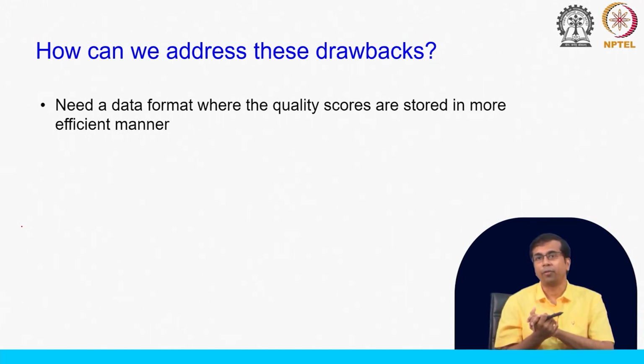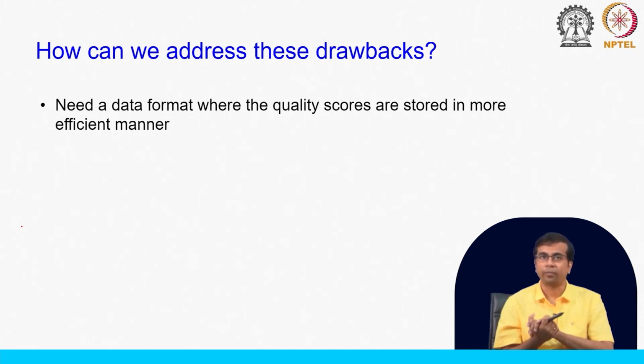One is you are storing these digits, 2 digits for every base, then you have the spaces between these numbers. Without spaces you cannot distinguish which quality score is for which base. So, this again we probably can do better, we can have more efficiency there. If you can do that, this will require less storage space on the computer, or in the server.